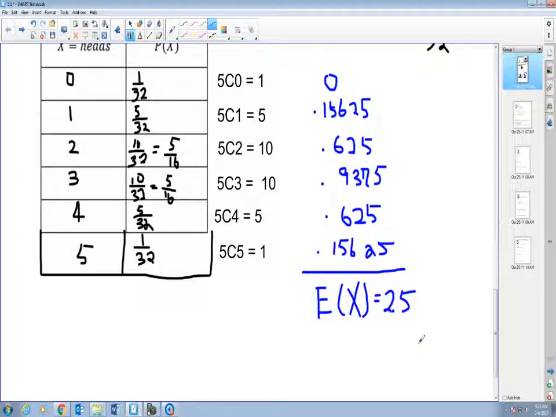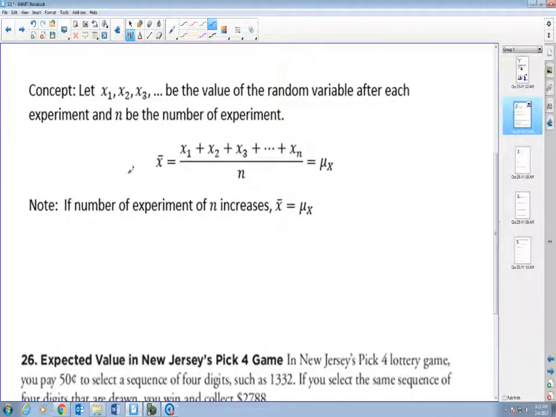Same idea. Let's call it the expected value. This is the same thing as the mean of the distribution. What this is saying is, if I do a probability experiment, as my experiment increases, the sample mean will eventually equal the mean of the probability distribution for the 5 tosses.